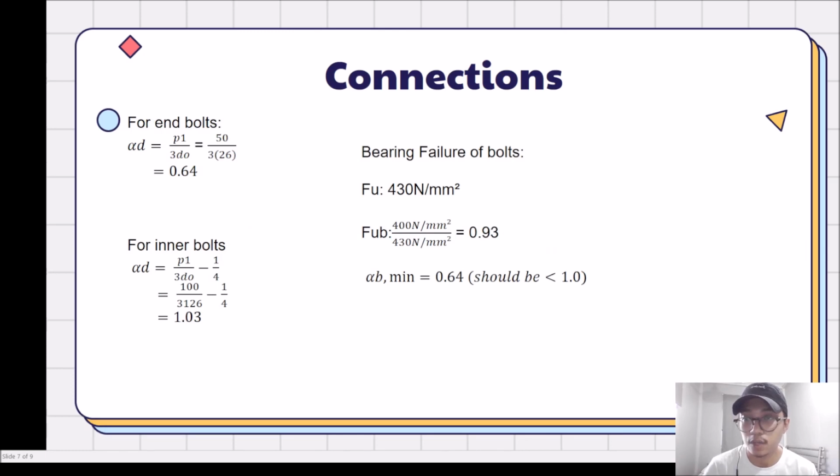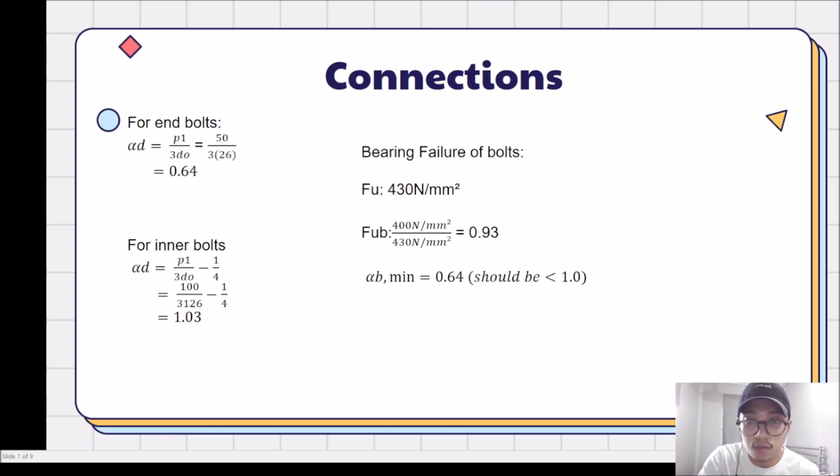Okay, for end bolts, alpha d is equal to P1 over 3d0, iaitu 50 bagi 3 multiplied by 26 equal to 0.64. Then for inner bolts adalah alpha d P1 divided by 3d0 tolak 1/4, dan kita dapat 1.03. Okay, bearing failure of bolts pula, fu is equal to 430 Newton per millimeter square.